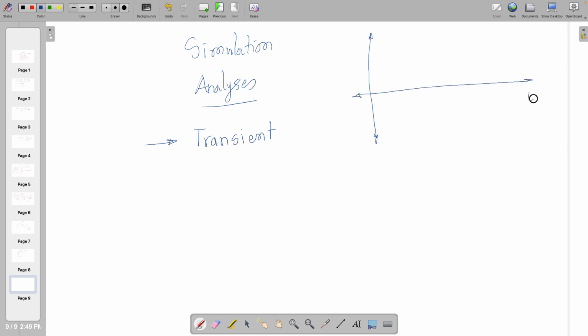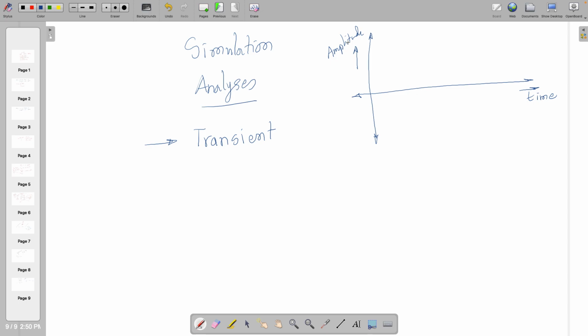So the x-axis will always be time, and the y-axis will be amplitude, maybe voltage, maybe current, whatever you like, or power, even charge. Any amplitude will be here with respect to time.